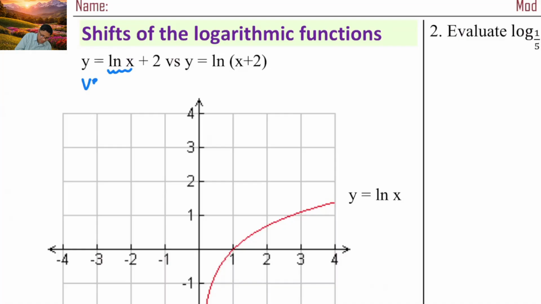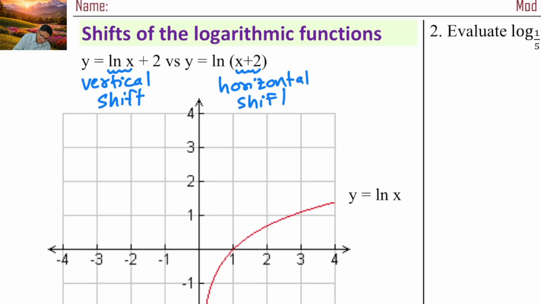So that is a vertical shift 2 units. And this is modifying the input, ln of x plus 2. You change the input itself, and that creates a horizontal shift, left in this case, because it's plus 2.